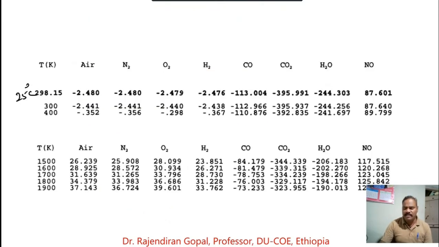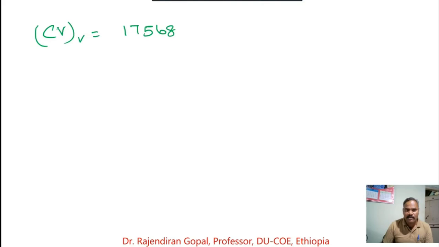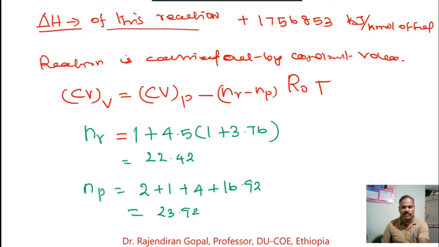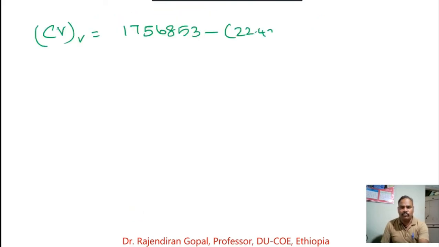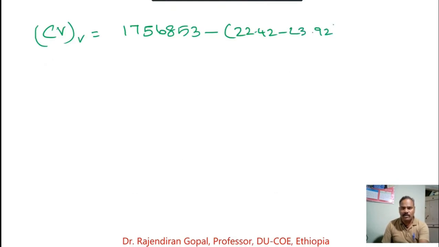So we can simplify this equation: calorific value at constant volume is equal to 1756853 minus (number of moles of reactant minus number of moles of product), which is 22.42 minus 23.92, multiplied by R naught 8.314 multiplied by temperature 298.